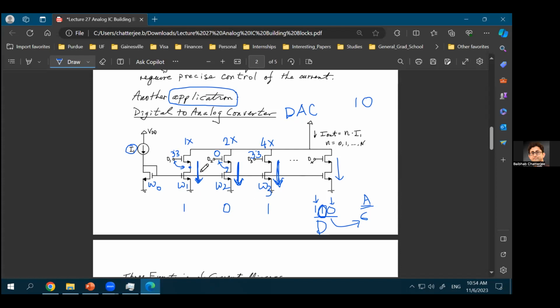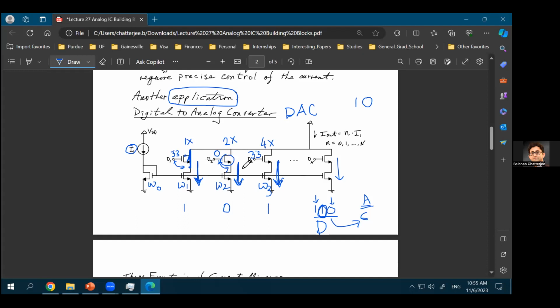On the other hand, the amount of current flowing through these branches is this: because this switch is on, you can assume that this transistor becomes a short. So this current will flow through the W1 transistor. The second transistor, this one, is off, which means that you can consider it as an open. If the transistor is off, there is no current flow through it. That means it is open.